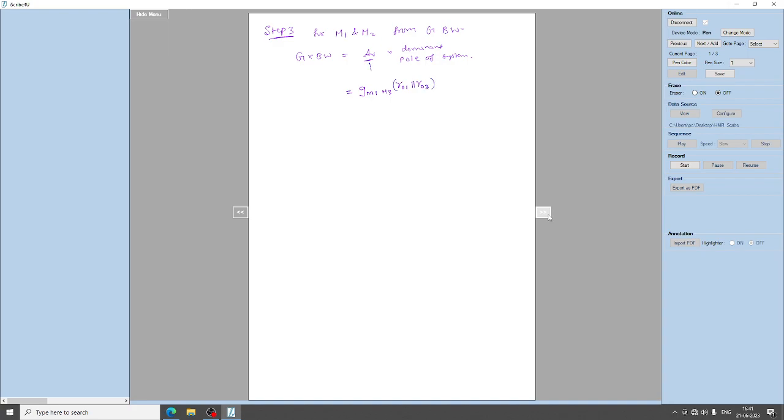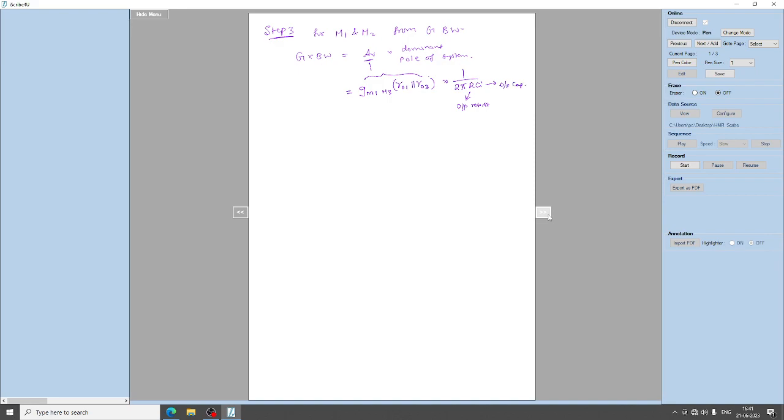The dominant pole is 1 upon 2 pi RC, where R is the output resistance and C is the output capacitance.